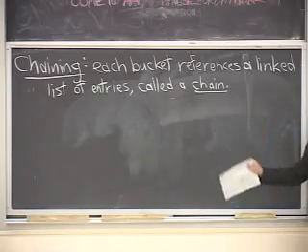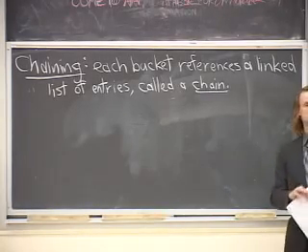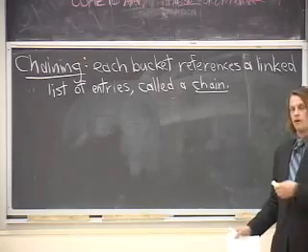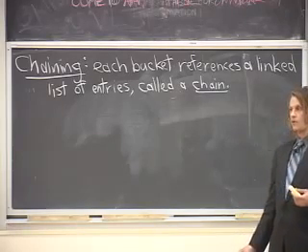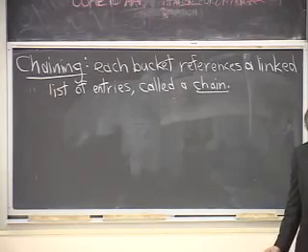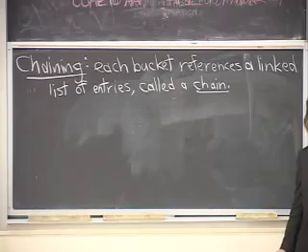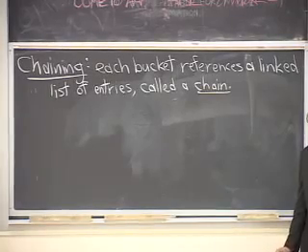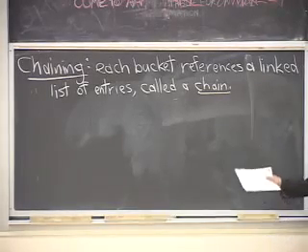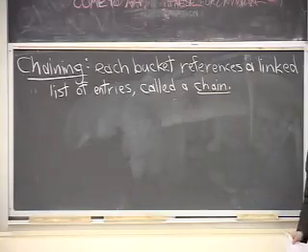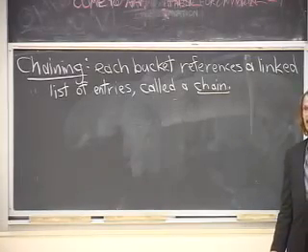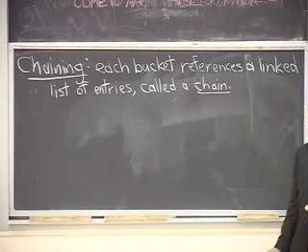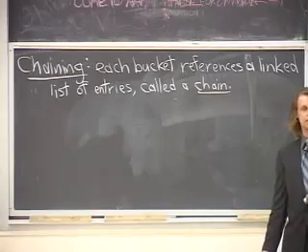But chaining creates a second problem. Now that we're storing multiple definitions in one bucket, if I want to look up a word, how do I know which of the definitions stored in that bucket corresponds to my word? The answer is, when I store these chains, I have to store not just the definitions, I have to store the original words as well, so I can make sure that I'm getting the right definition out of the chain.